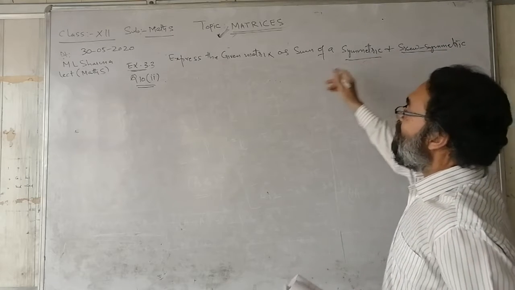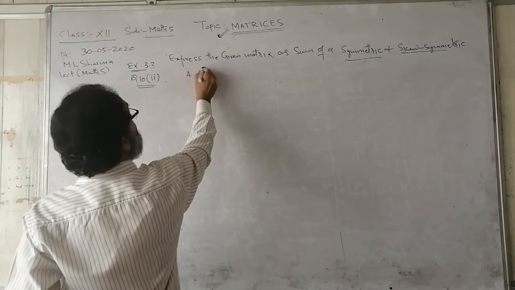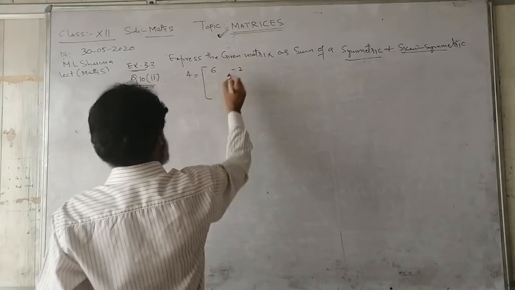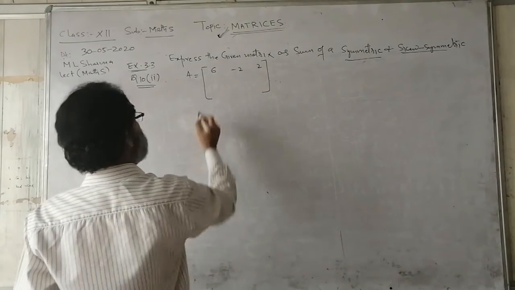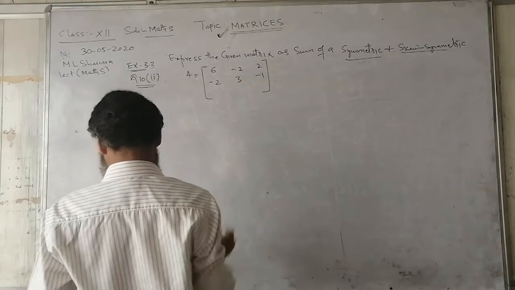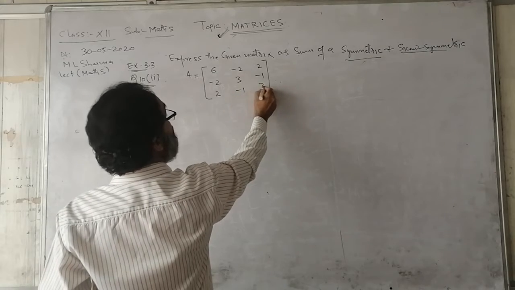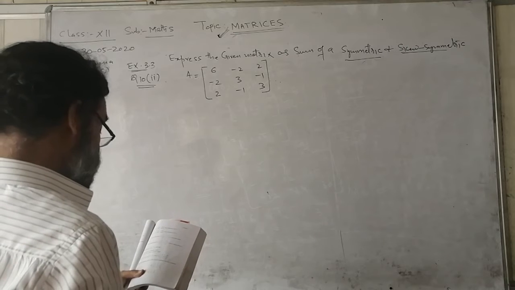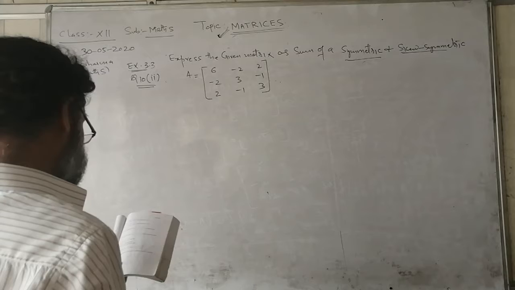So you have to express this matrix as sum of 2 matrices whose elements are 6, -2, 2, then -2, 3, -1, then 2, -1 and 3.